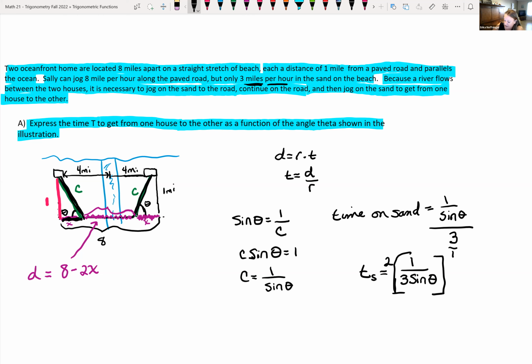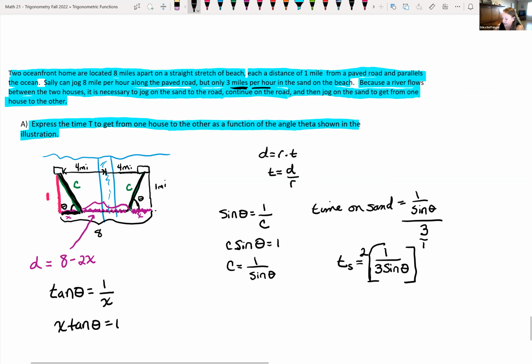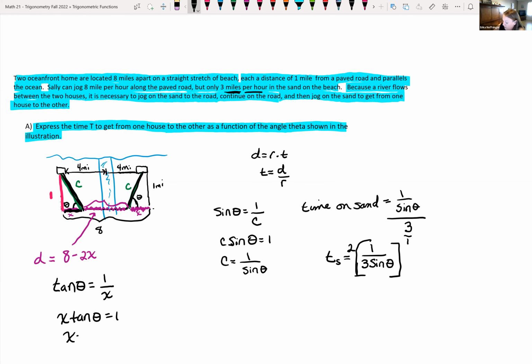And so we have tangent theta equal to opposite, which is 1, all over the adjacent side, which is x. To get x by itself, we multiply both sides by x. We get x tangent theta equals 1, or x is equal to 1 divided by tangent theta.